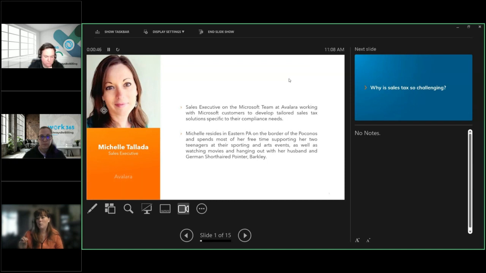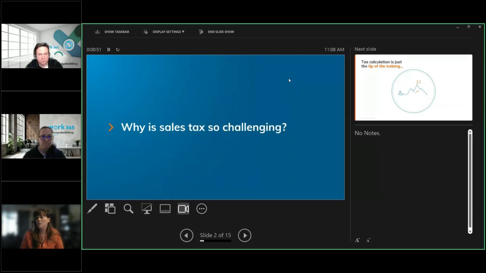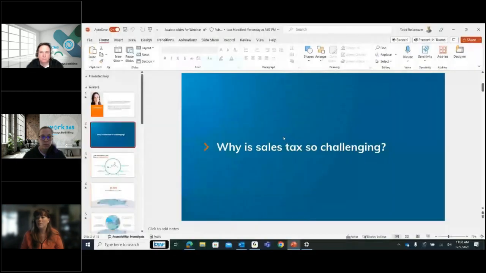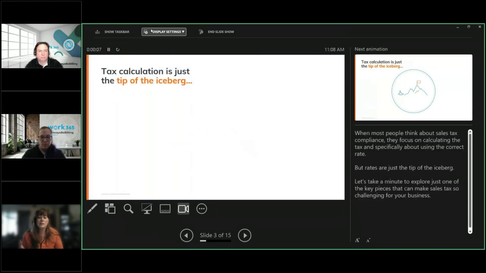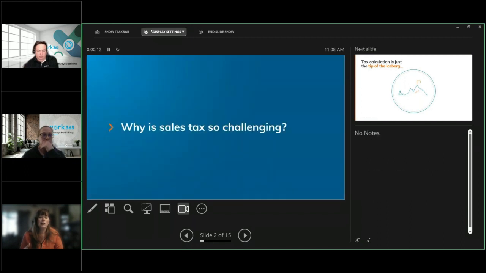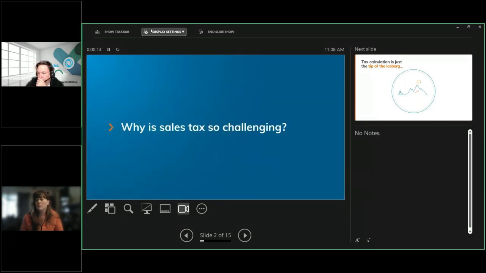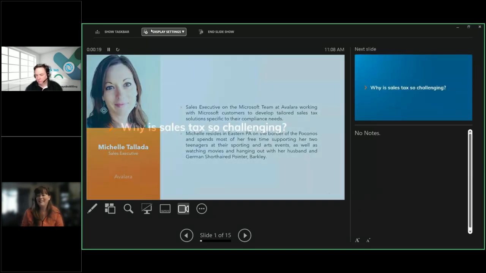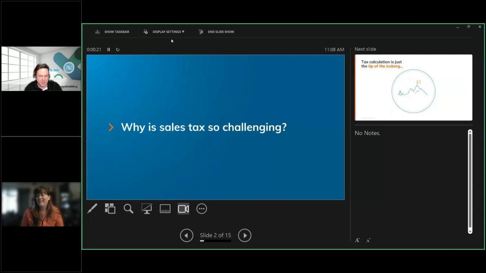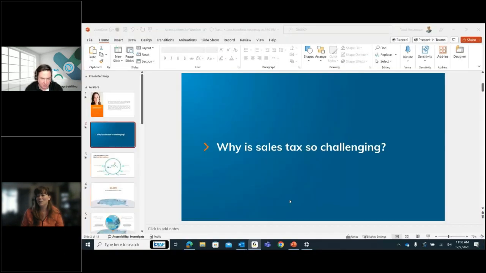Todd, quick point, I think you're sharing the notes piece instead of the presentation. You might want to switch that. But a quick introduction on myself: I live in Pennsylvania, and I work specifically on our new business team. So I'm helping businesses evaluate Avalara's services and better understand how we might integrate with their current systems. Todd, it's still showing the notes section. I apologize. We could switch screens.